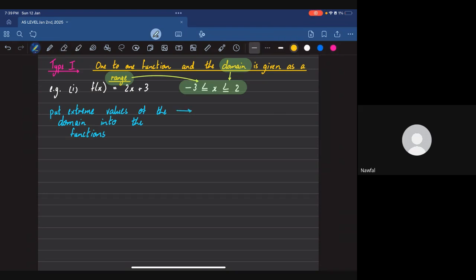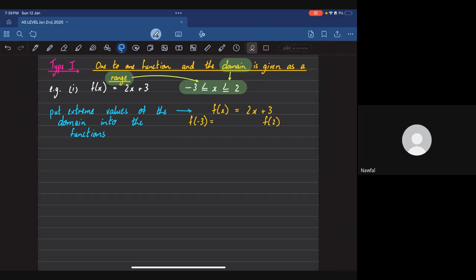So f of x is equal to 2x plus 3, and I need to find f of minus 3 and f of 2.